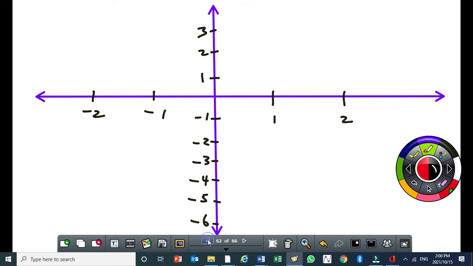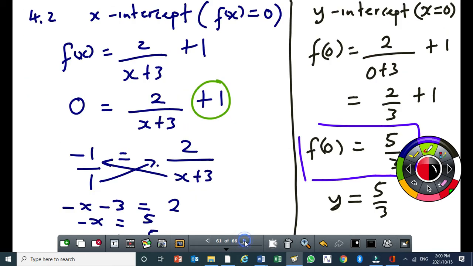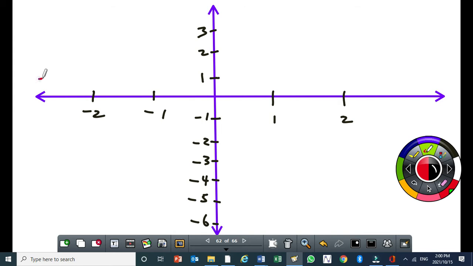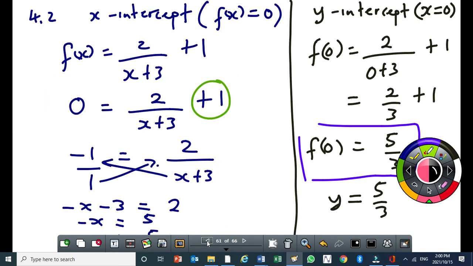So our horizontal asymptote is y equal to 1. Therefore, I can draw my horizontal asymptote. Okay, so that's y equal to 1. Let me use a different color to write the equation. Then my vertical asymptote is at x equal to -3.